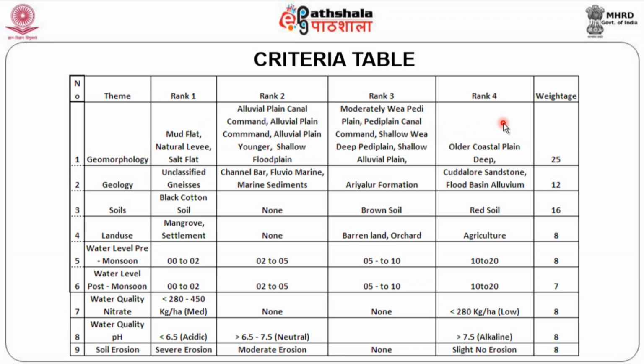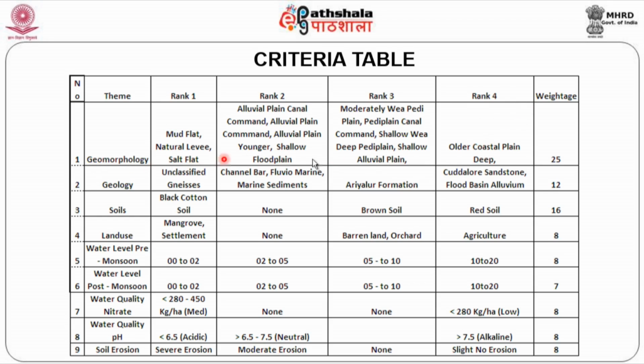Then the next layer, geology. For that particular application, this is the best, this is the worst. Please listen carefully. Soils: best, worst, and so on and so forth. For every layer, you give 4 class ranks, each depending upon the application.